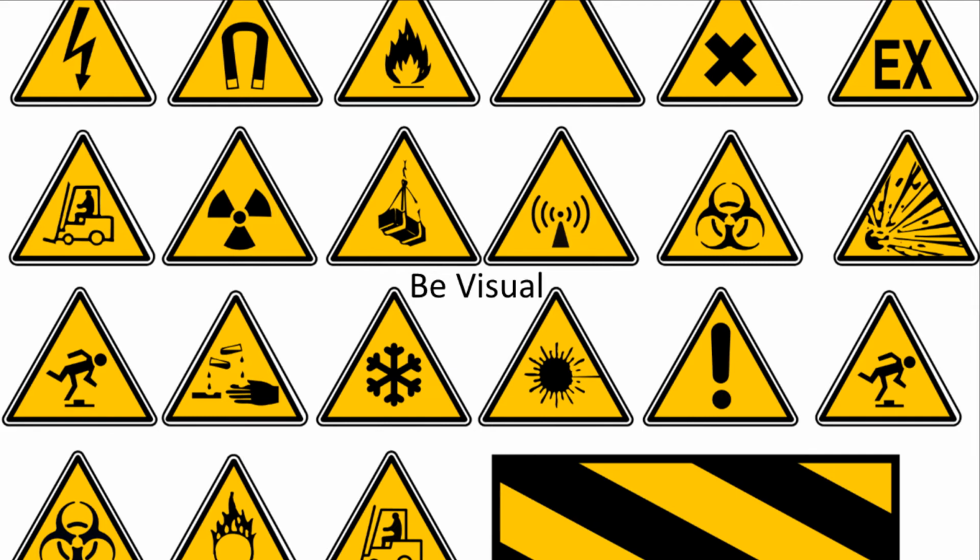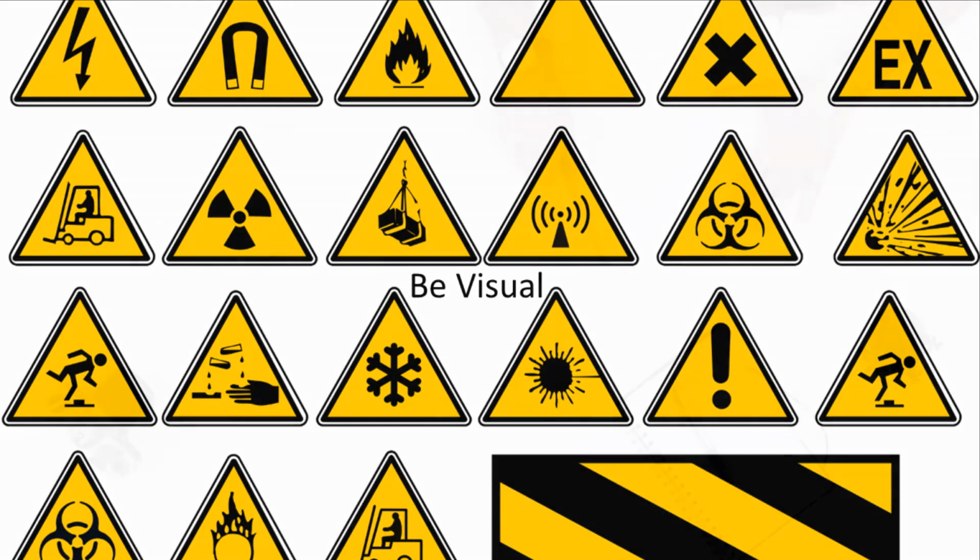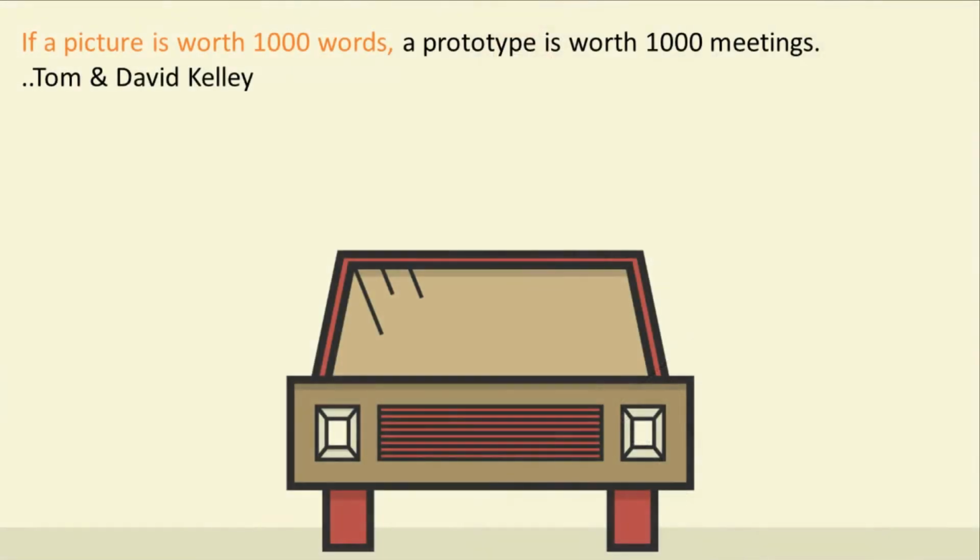Visualization gives them a boost to understand the product. So go for visualization. Tom and David say, if a picture is worth 1,000 words, a prototype is worth 1,000 meetings. So a picture is worth more than words. So go for pictures, sketches and other things.